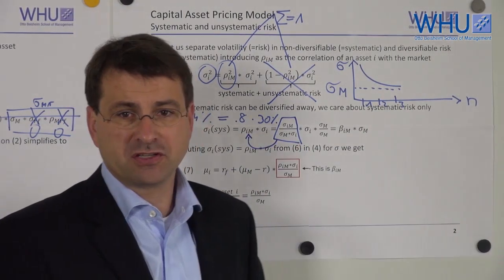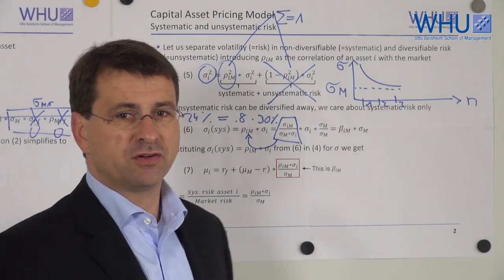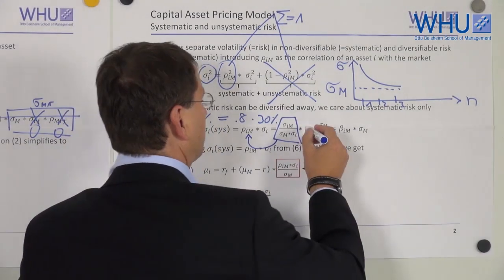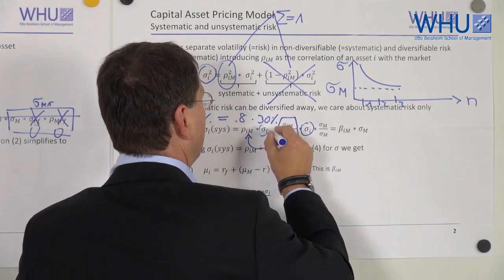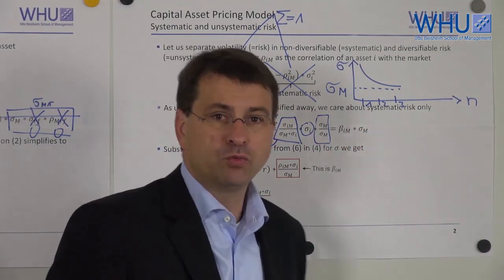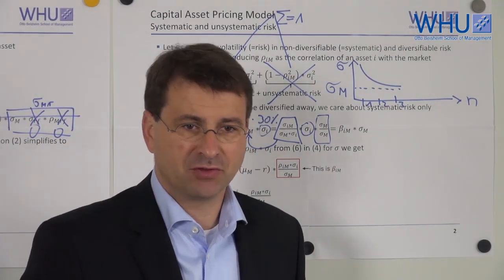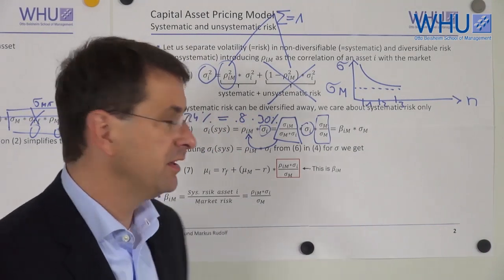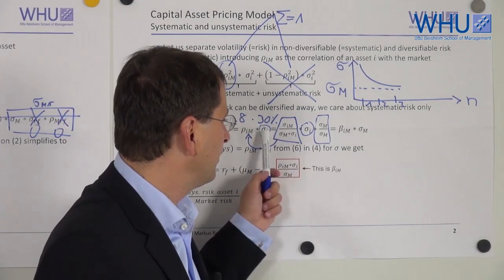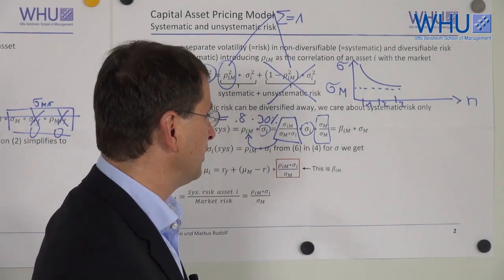The correlation coefficient is defined by covariance divided by the product of the two volatilities. Then we have the sigma I, which is exactly the same as the one that we have here. And then we multiply the whole thing by 1, or by sigma m divided by sigma m. So that doesn't change anything in that product. So therefore, we simply have rephrased the same expression for the systematic risk component.